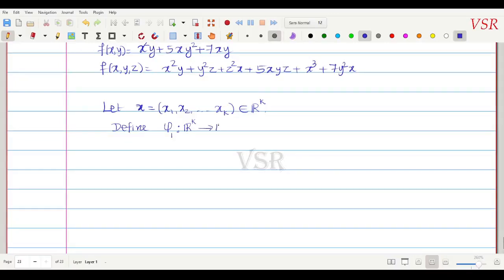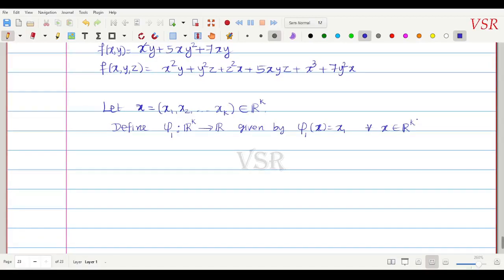Okay, given by என்ன அப்படின்னா phi 1 of x vector which is equal to x1. அதாவது இந்த வெக்டாரினுடைய முதல் கோஆர்டினேட்டை கொடுத்துக்கிறோம். Okay, for every x belongs to r power k.